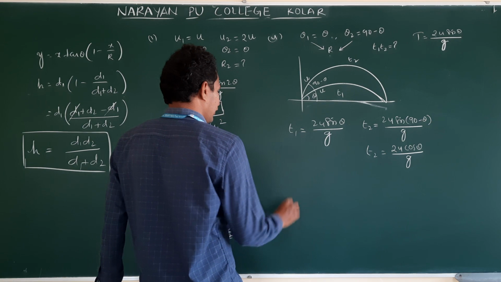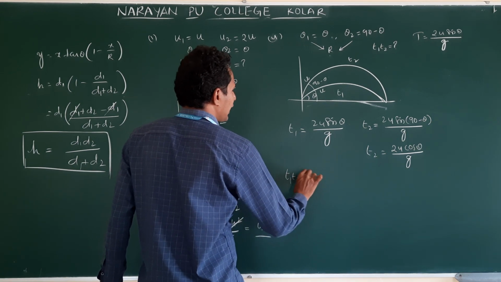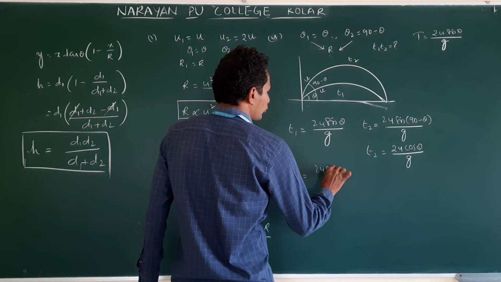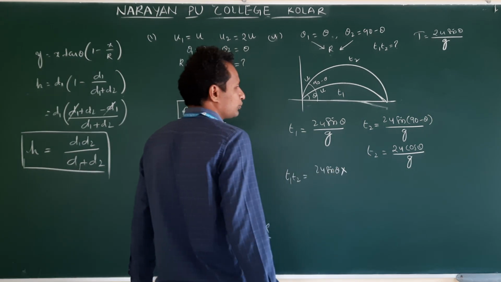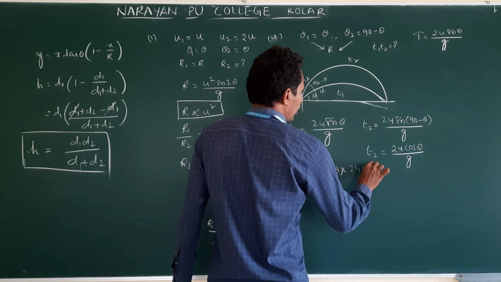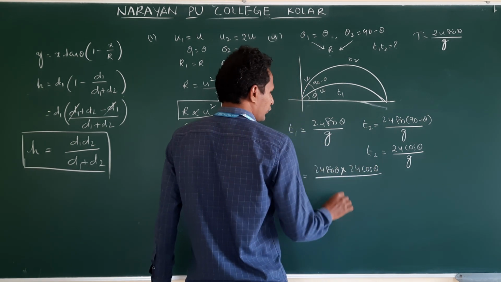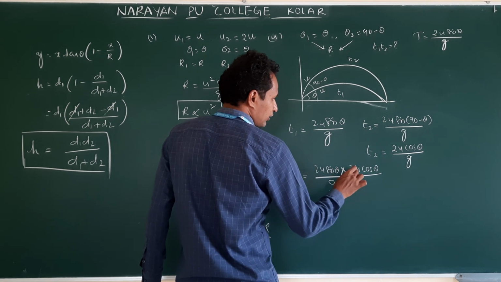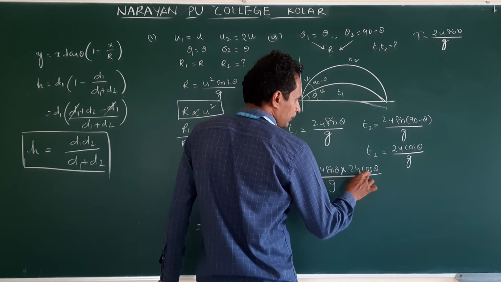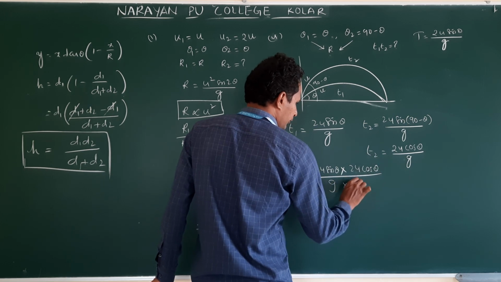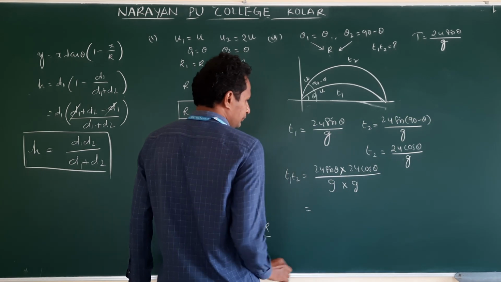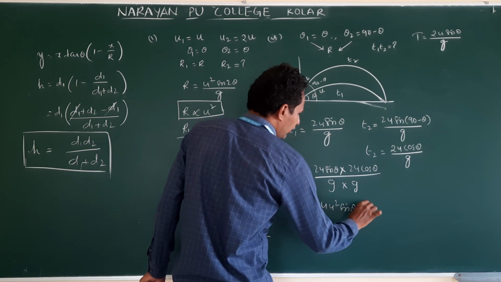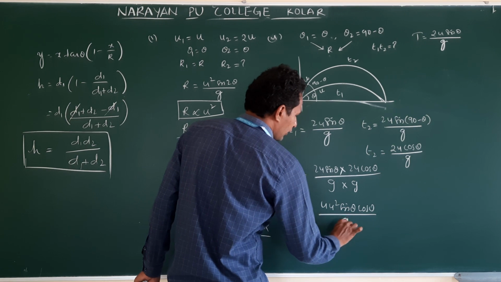According to trigonometry, they are asking for T1 T2. So 2u sin theta into 2u cos theta, by g for this and g for this. This we can write as 4u square sin theta cos theta by g square.